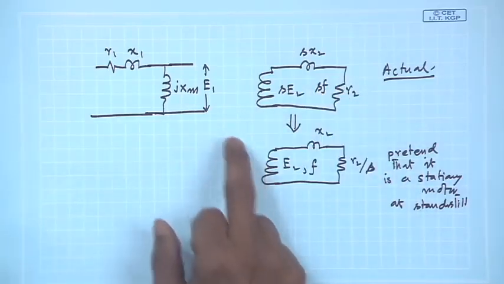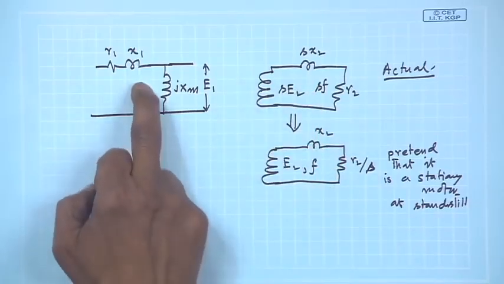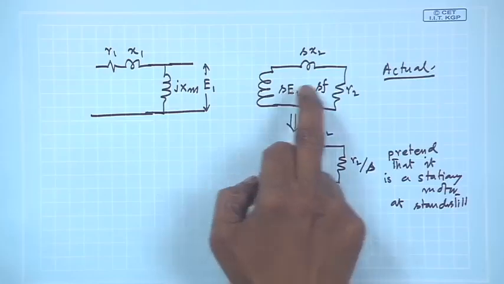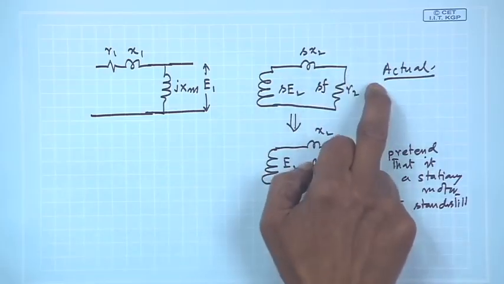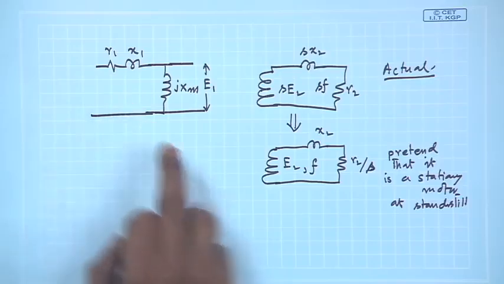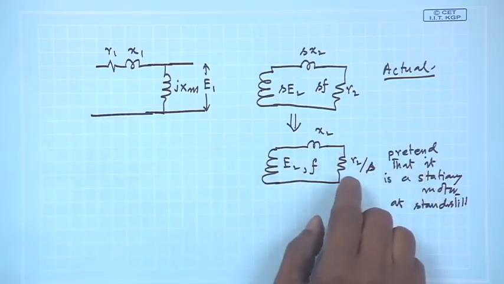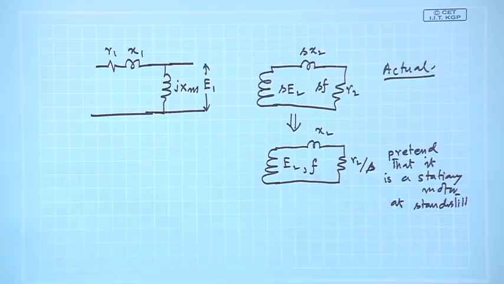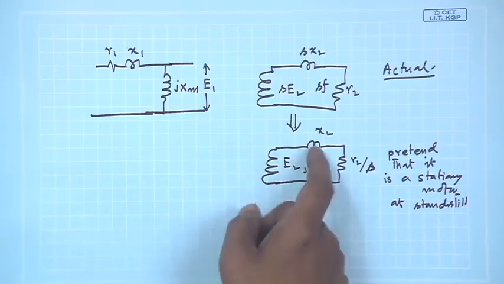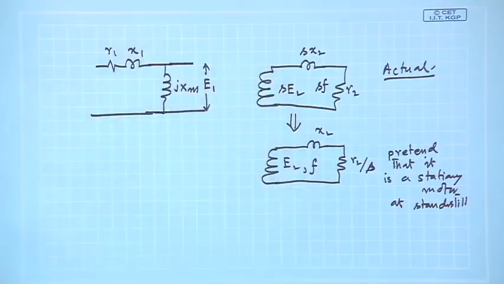So, to translate this, I am telling you, this motor with this secondary running with a slip S is the same as the same stator, with the rotor replaced by another induction motor whose rotor resistance per phase is R2 by S and X2, and the stator will fail to distinguish between these two cases.